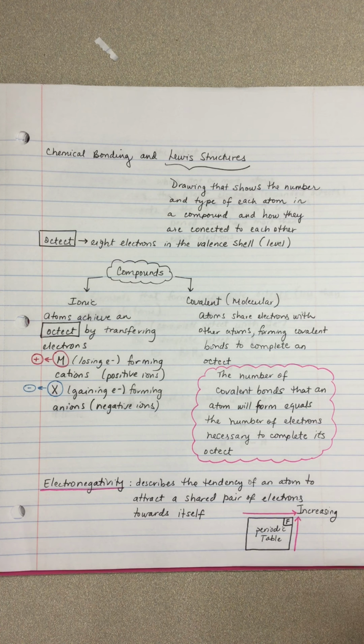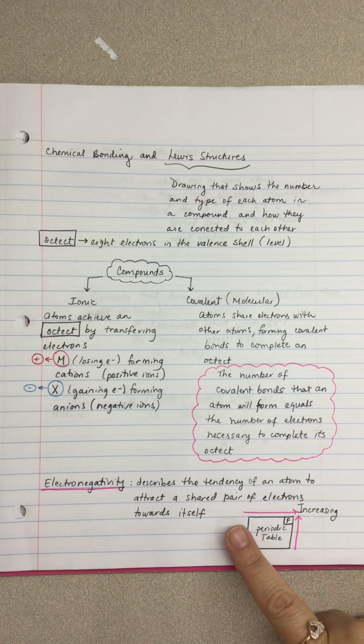So if, out of the two atoms forming the bond, one is very electronegative, the electrons in that chemical bond are going to be closer to the atom with the higher electronegativity value. And we can use the periodic table to predict electronegativity trends, not an actual number, but just in comparison to other elements.